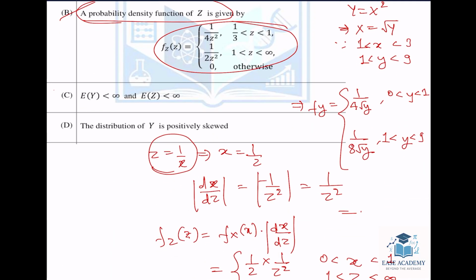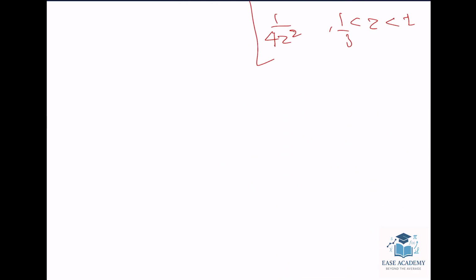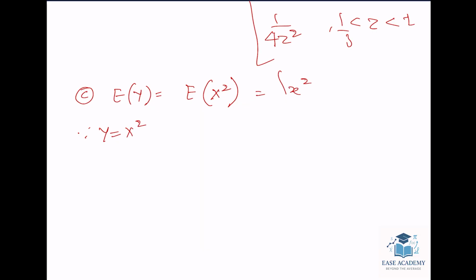Now let us check the expectation of y and expectation of z. So option C, expectation of y is basically expectation of x square, since y is equal to x square. We can take integration x square into f(x) dx, and this is from 0 to infinity since x is greater than 0.